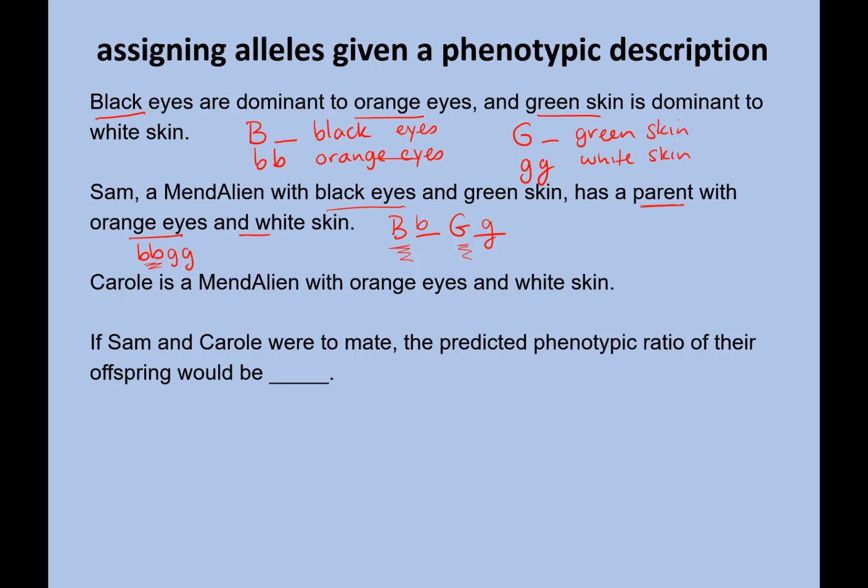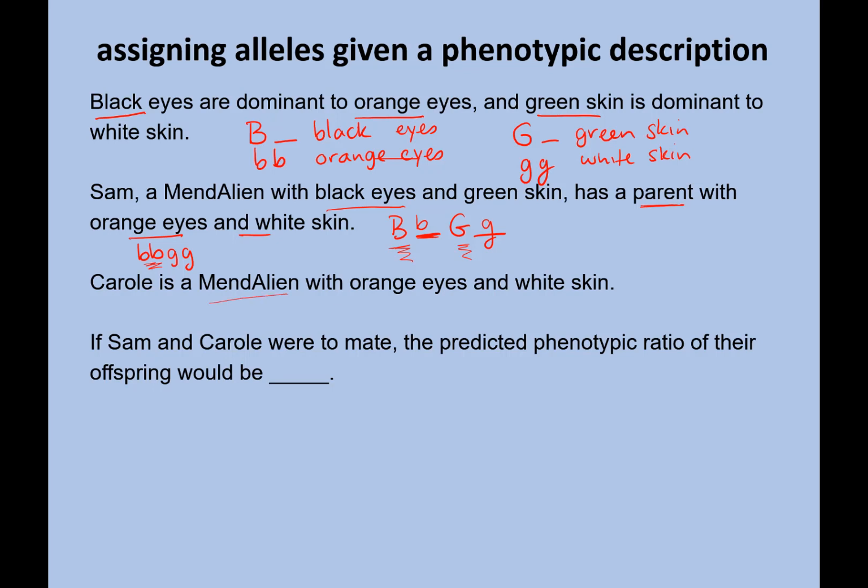So he must have got his dominant alleles from the other parent. Really super important. So just because they say black eyes, make that little line until you get more information that tells you what the genotype for that dominant phenotype is.